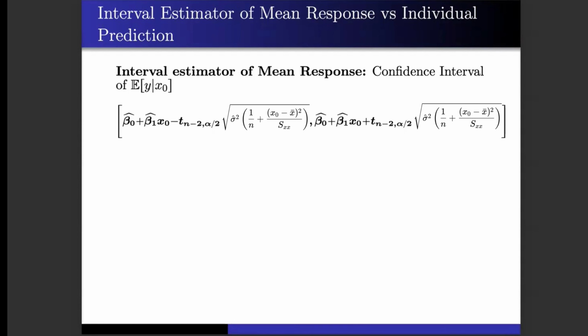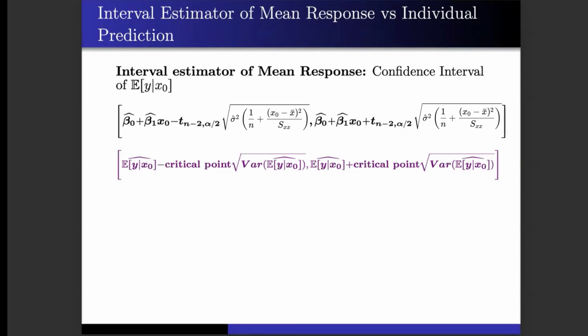If you look at the confidence interval of this expected value of y given x naught, we have an estimate of the expected value of y for some point x naught minus the critical point times the square root of the variance of that estimate. And the upper limit is an estimate of the expected value of y at point x naught plus the critical point times the square root of the variance of that estimate.